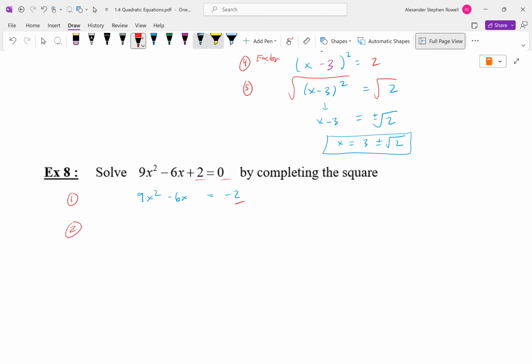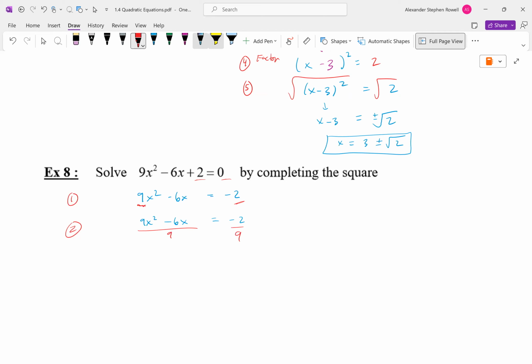And step 2 is now, this really needs to be a 1. So let's divide by 9. 9x squared minus 6x is equal to negative 2. Okay, so if I divide by 9, it's both entire sides by 9, right?